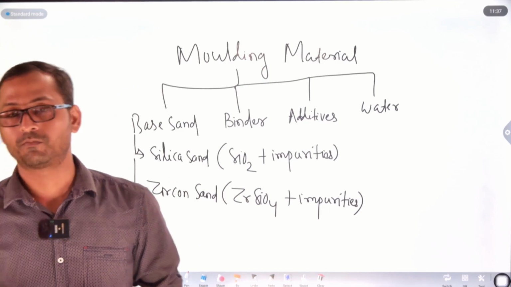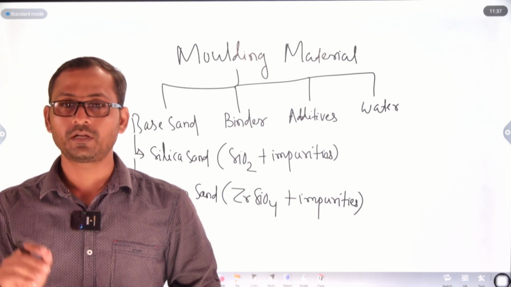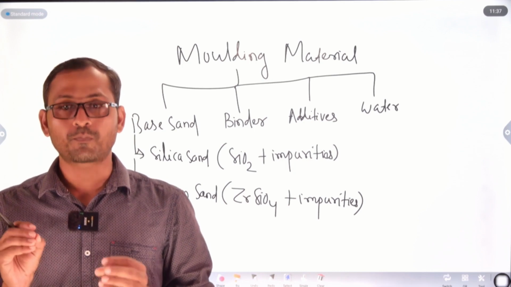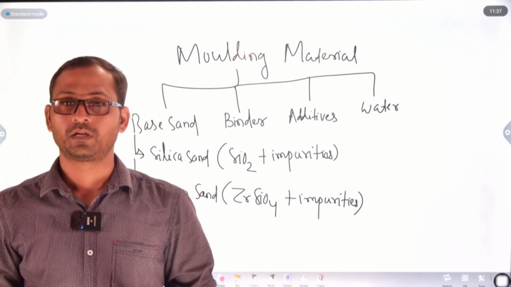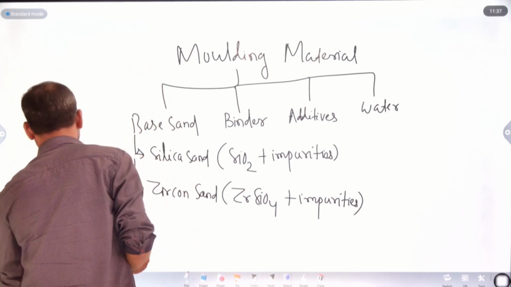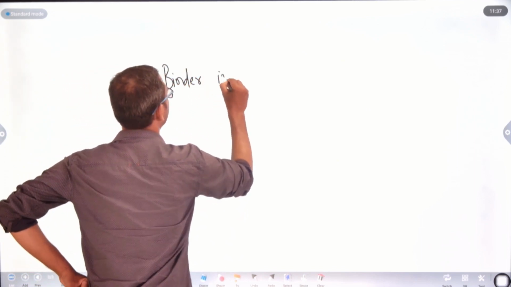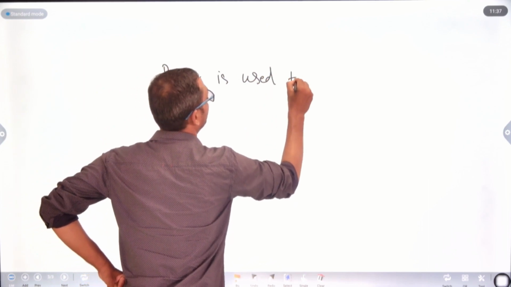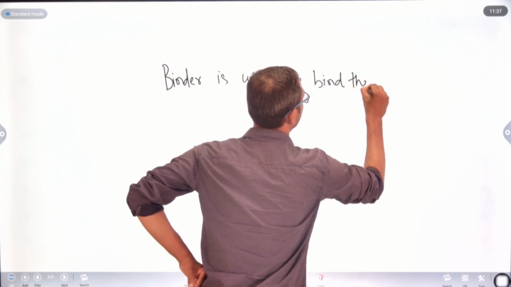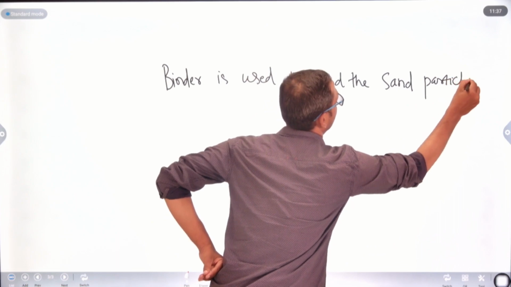Then we go to binder. Before going to binder, first we should know the need of a binder. The need is that it binds the sand particles. To derive proper strength, we need a binder. So binder is used to bind the sand particles.